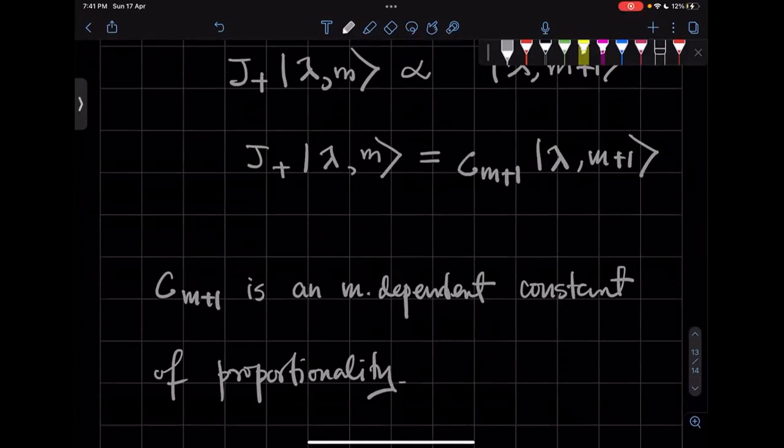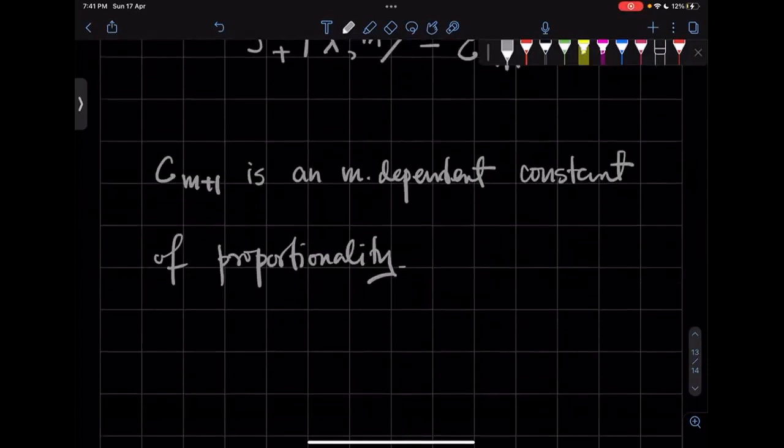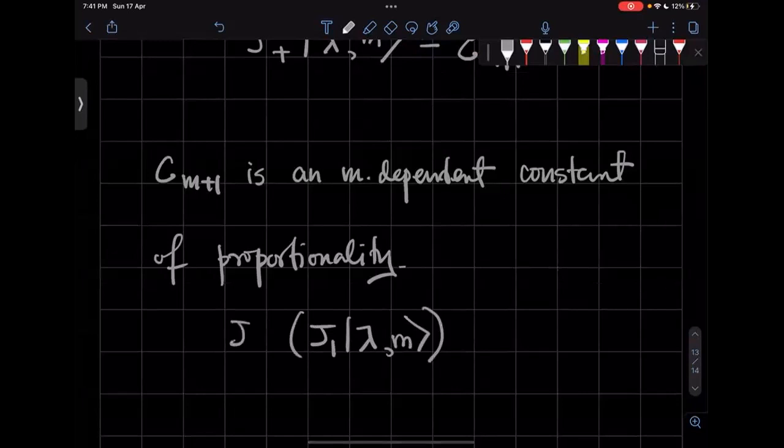Now similarly, we can ask what is the effect of applying J minus on this state. If I apply J minus on |λ, m⟩ and then ask what its J3 eigenvalue is, by using the other commutation relationship, we get m minus 1 times J minus |λ, m⟩.